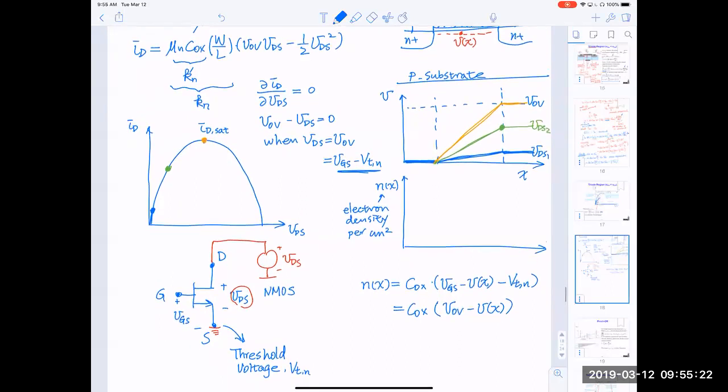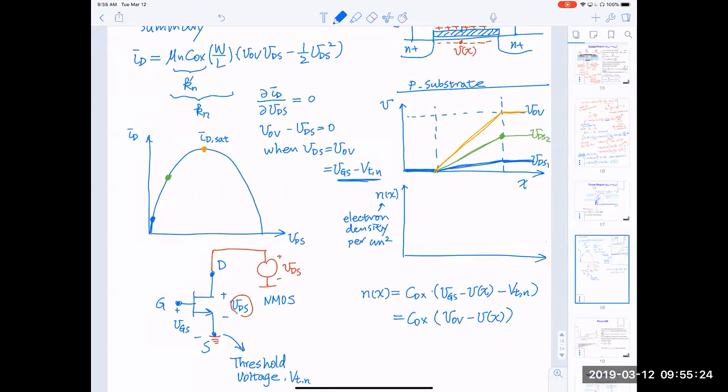So if we look on this potential plot here, I need to put a broken line here.